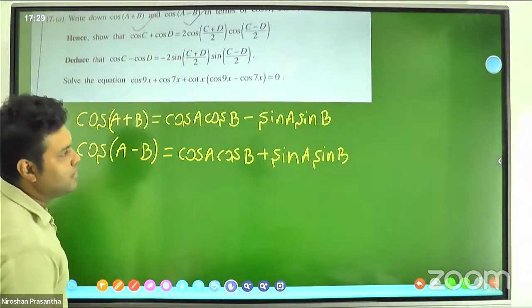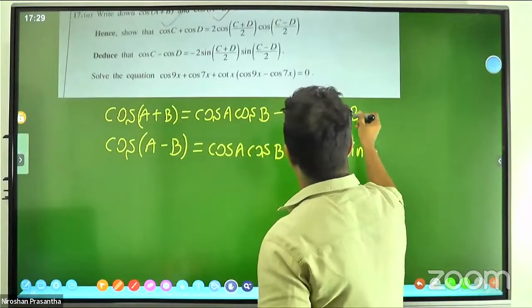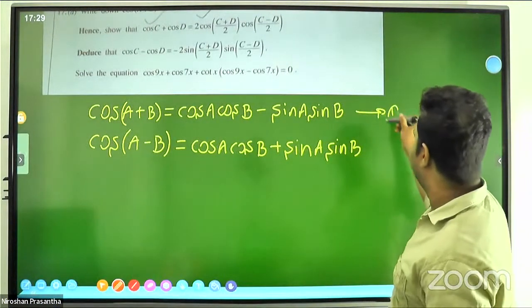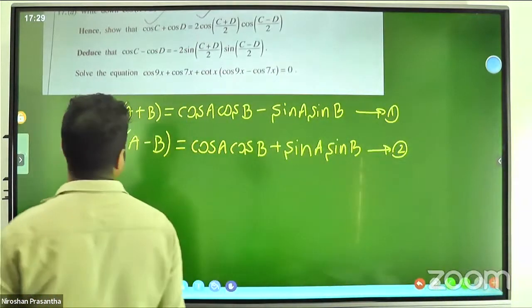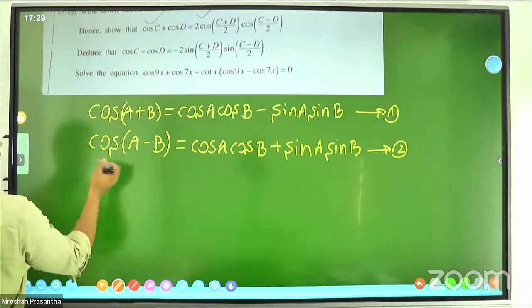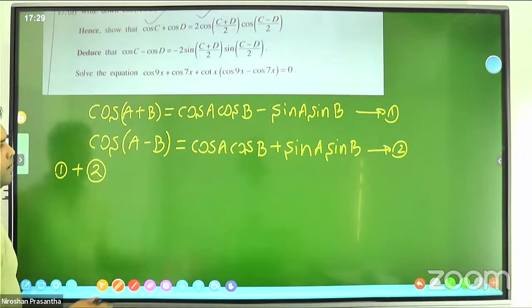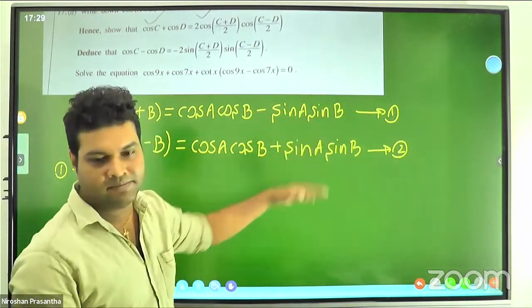Then you better add them, Lamai. If this is equation number 1 and this is equation number 2, you can write them down. If you get 1 plus 2, what's happening? Sin A sin B and sin A sin B cancel.